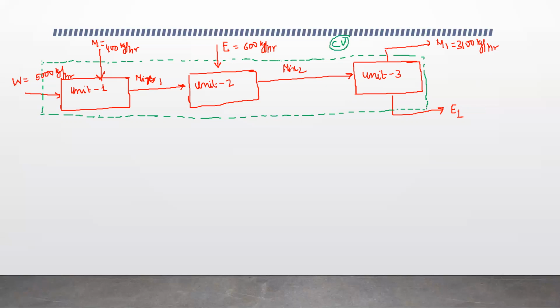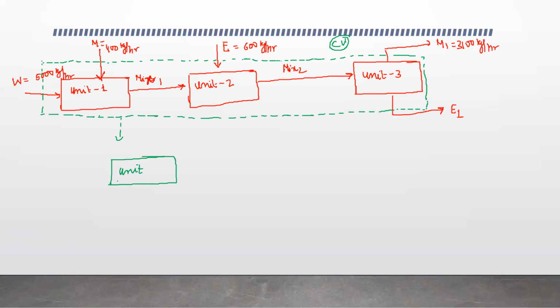Now about this green control volume, I'm going to do my material balance. I'm going to take this green control volume as my only unit. This entire system reduces to a green system which has only one unit.